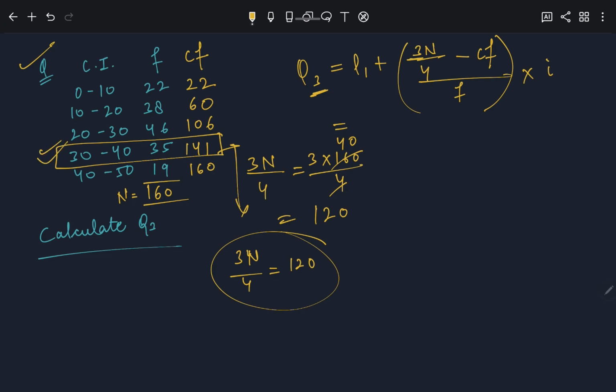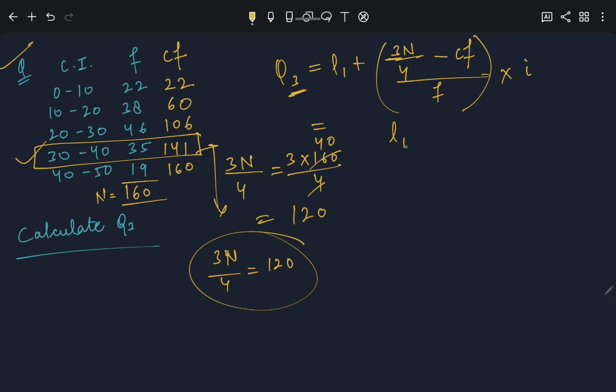Now we put the values in the formula. Our L1 is 30, our CF is 106. We always take the CF preceding this cumulative frequency. F is 35. F we always take as the frequency of the class interval. And i is the size of the interval, which is 10.